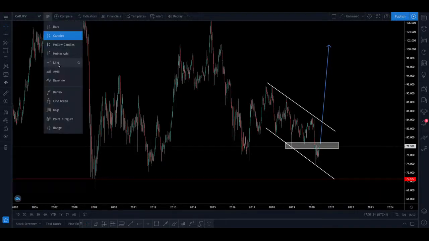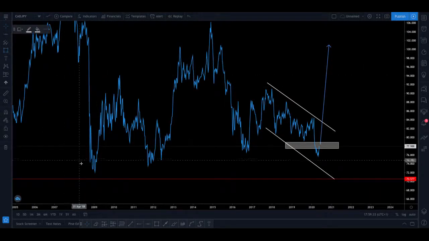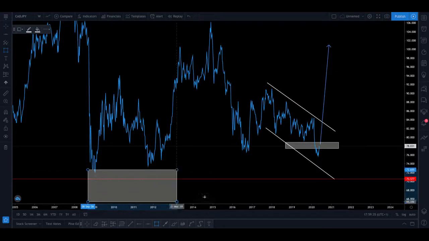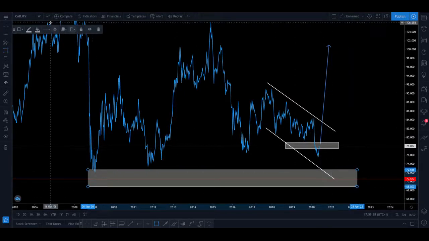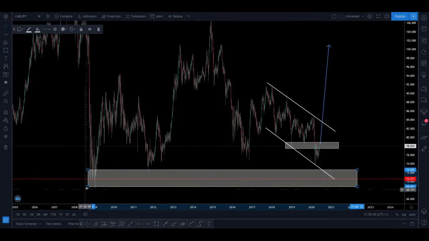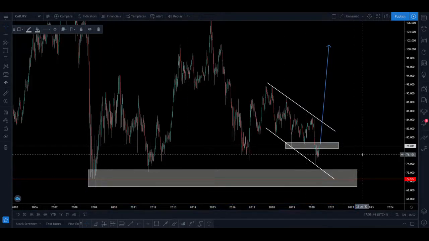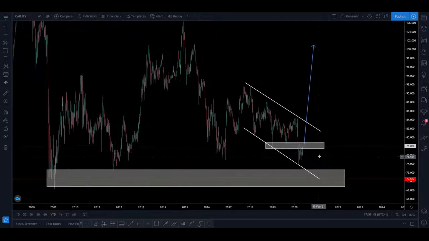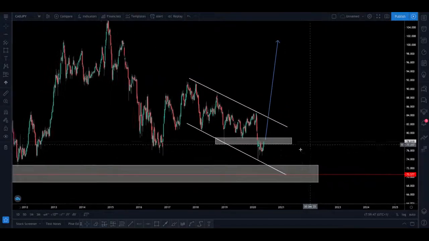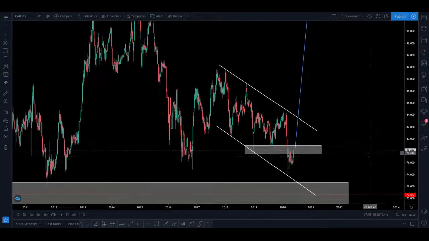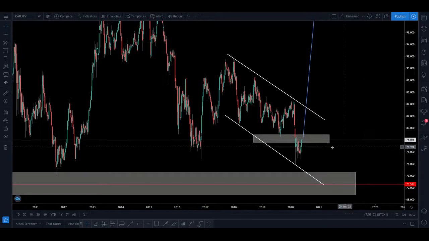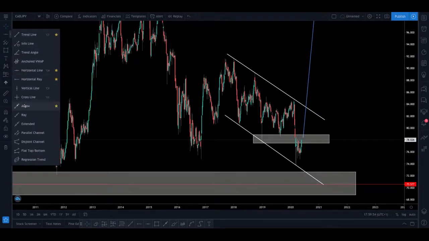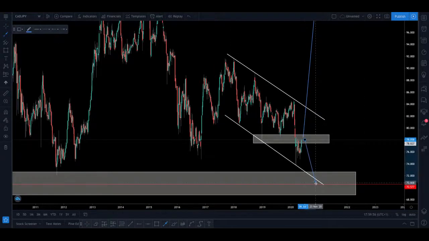I'll just now use my line chart. Like so. If price decided to work with this level as resistance, then we could see levels down low here get hit.